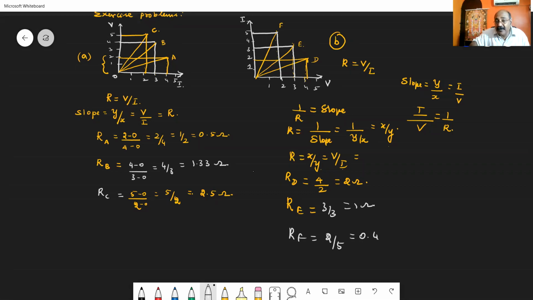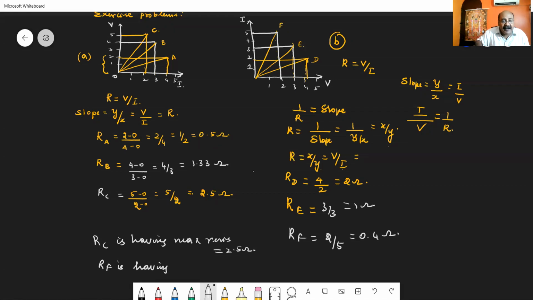It is 0.4 ohm. So when you are considering all the resistances for 6 conductors, RC is having maximum resistance, which is equal to 2.5 ohm. And RF is having what?